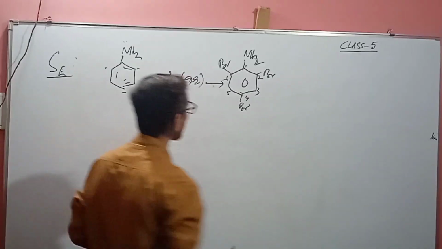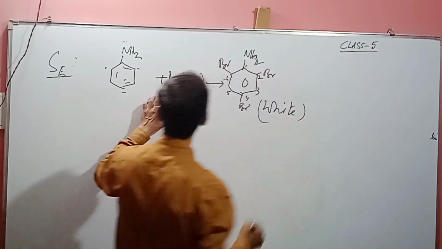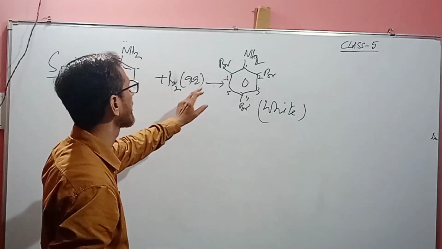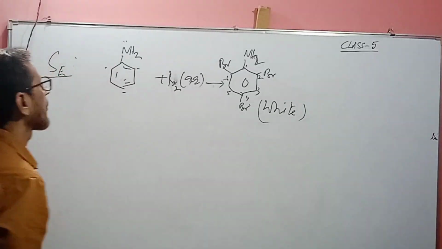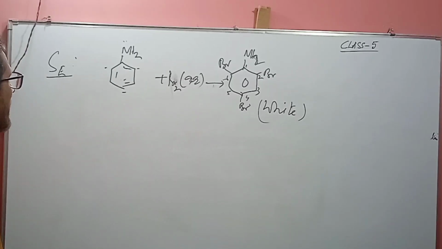It is a white precipitate. And if you use another solvent, carbon disulfide, then you will get ortho and para products separately.